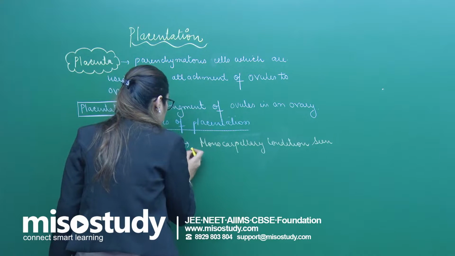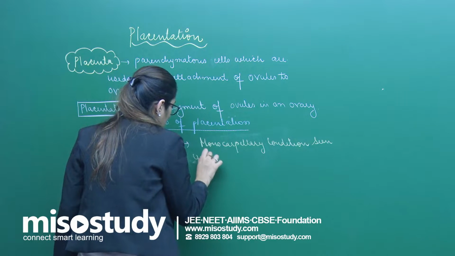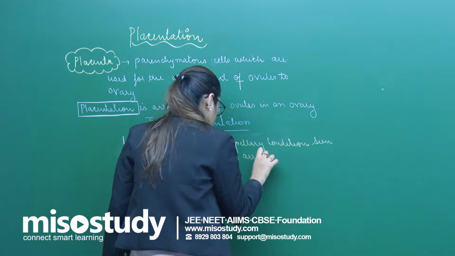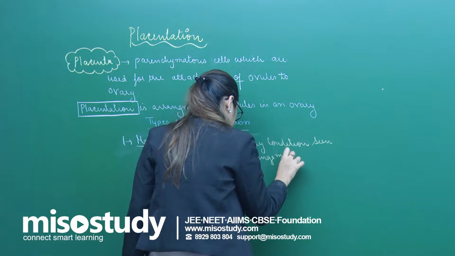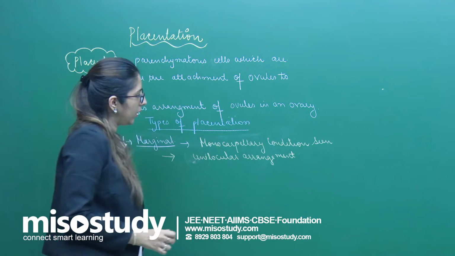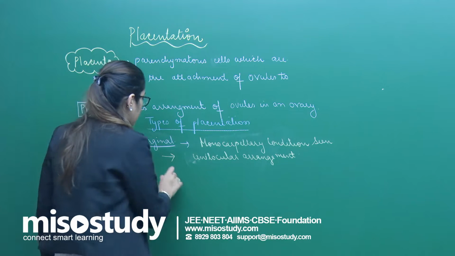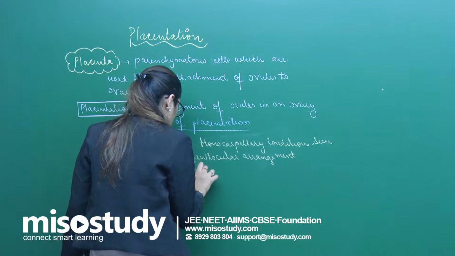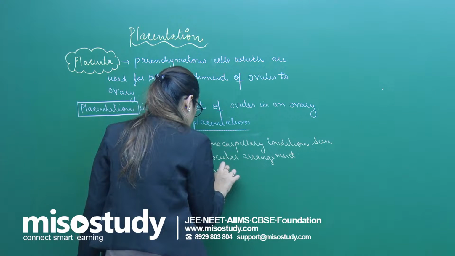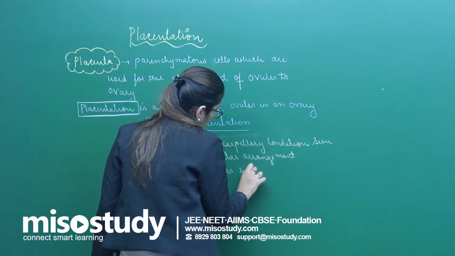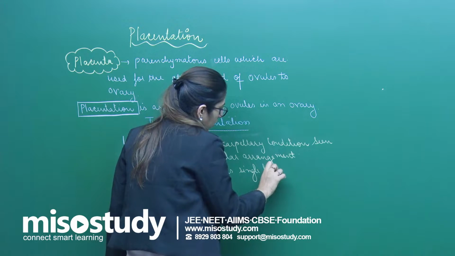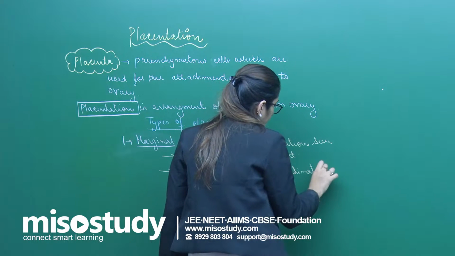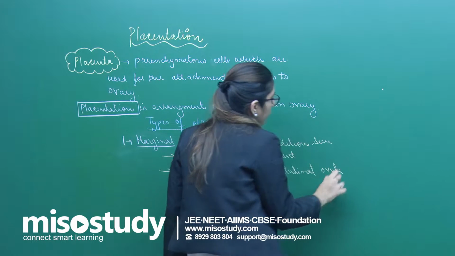So, unilocular arrangement, right. And also the ovary bears a single longitudinal row of ovules, which is very beautifully arranged.